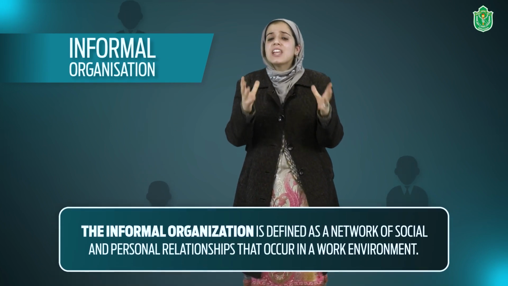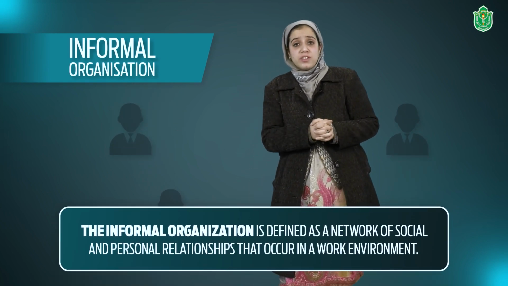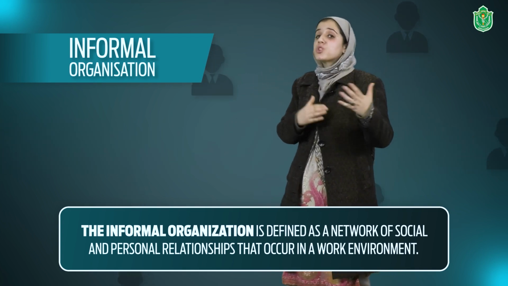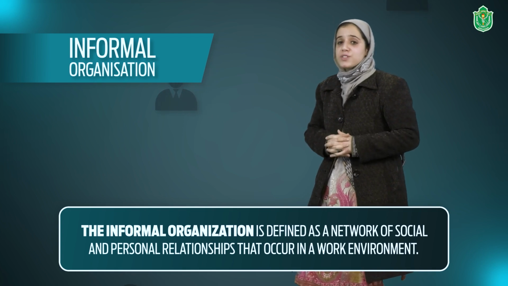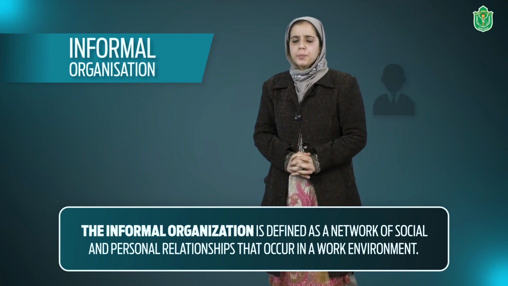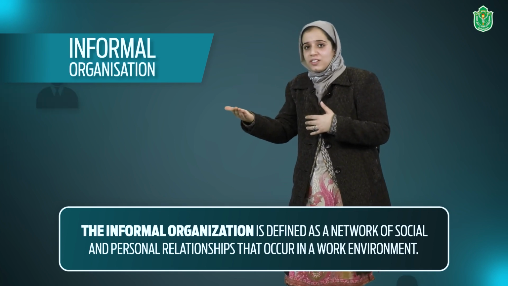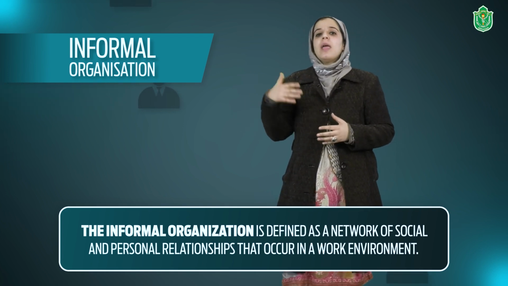So the next structure is informal structure, the informal organizational structure. This informal organizational structure refers to the network of social relations among the employees of the organization. It emerged spontaneously because of interaction and association with employees.